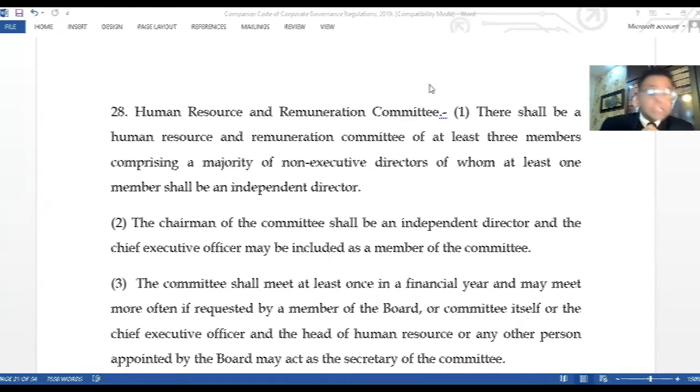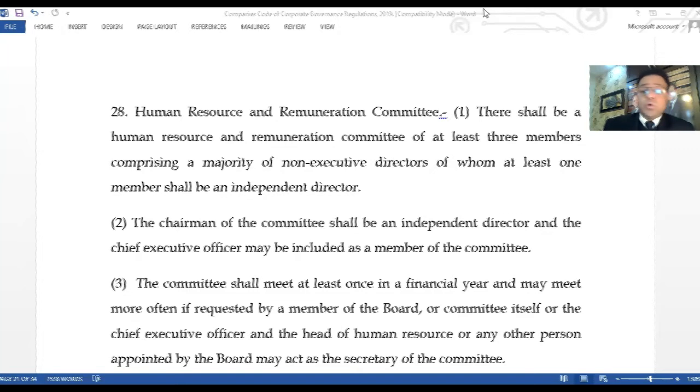In our first session, we discussed the audit committee, and in our second session, we will discuss another committee, which is known as the Human Resource and Remuneration Committee.